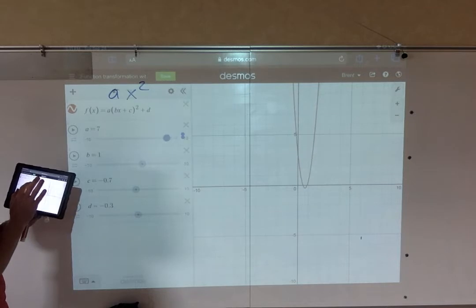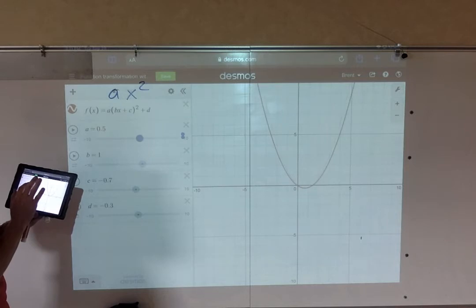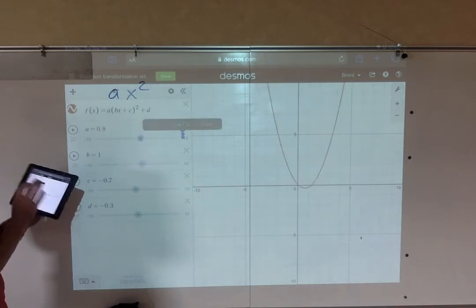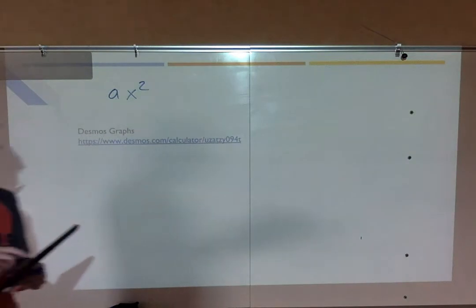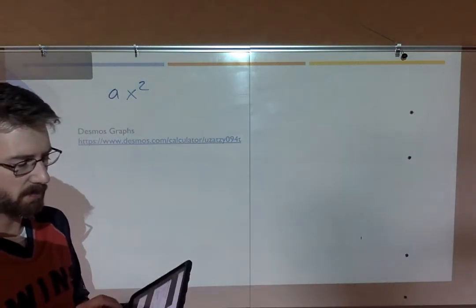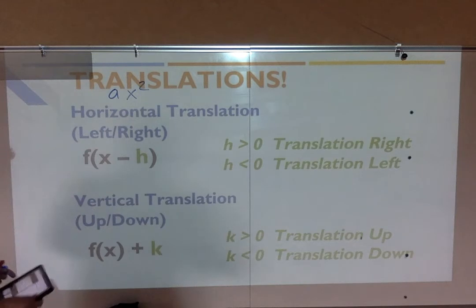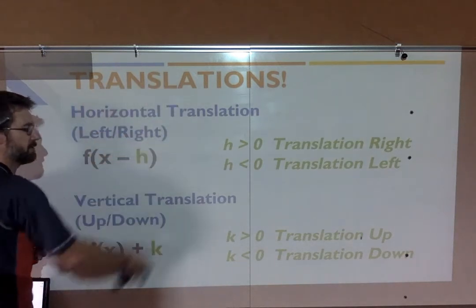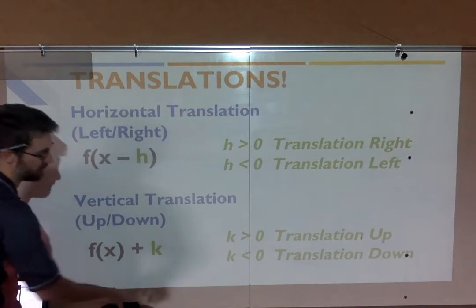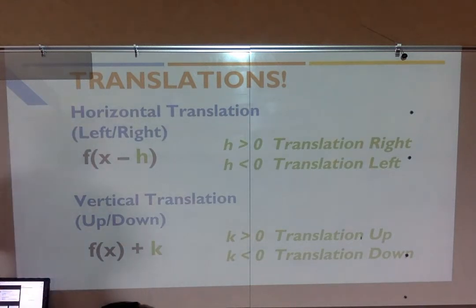As I make it smaller, but still positive, it gets wider because it compresses vertically. Hopefully that helps you get a visual of what we're going to be doing, because most of what we'll ask you to do is really abstract, working with the equations more than anything at this point.